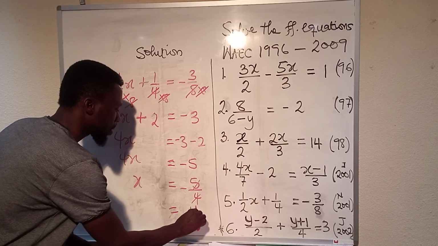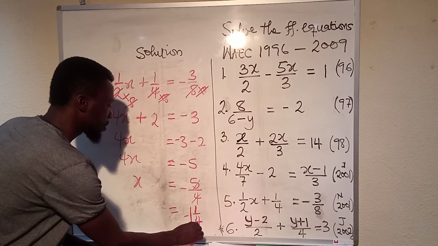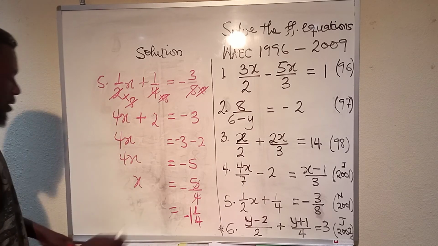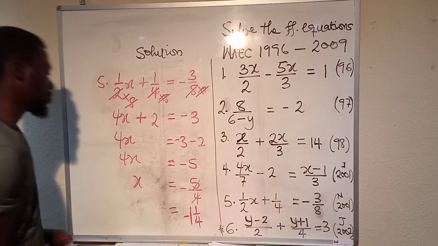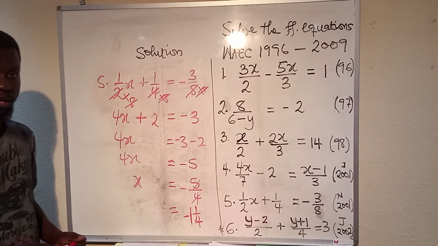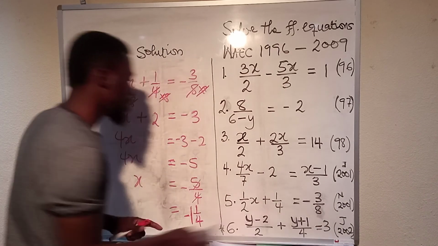So that is negative 1 1/4. That is what it gives us. So that is the mixed fraction. Actually, improper fractions are written as mixed fractions. Right. So that's it. Now let's look at the last one.